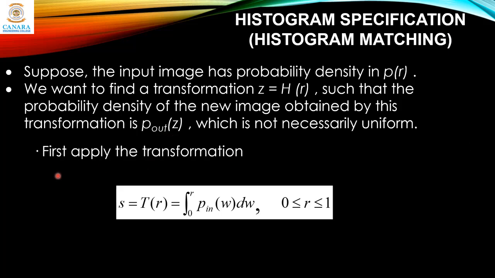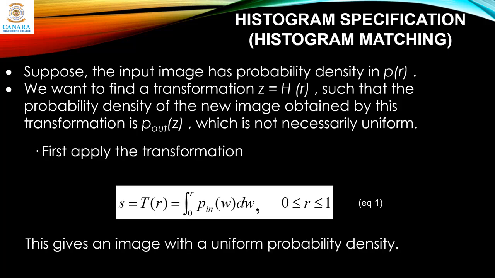So we'll first apply the transformation which we have already done in the previous lecture: S is equal to T of R, which is equal to the integral of P of W dW, for the interval 0 to 1, with integral limits from 0 to R. Let us call this equation 1. This gives an image with a uniform probability density.